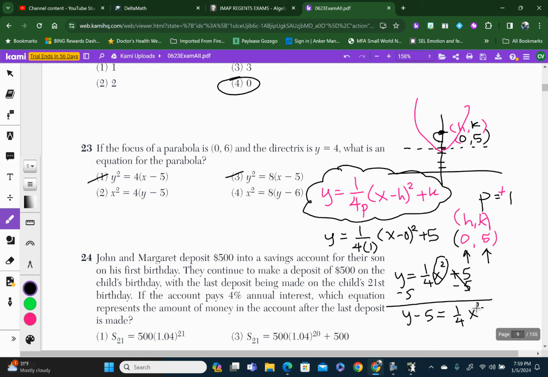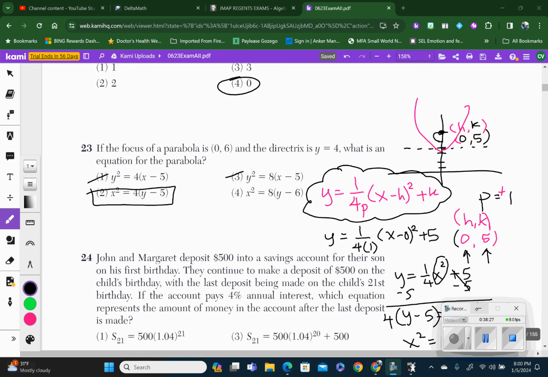And again, to get rid of the 1/4, I multiply by the flip, which is just 4. So this cancels, and I get x squared is equal to 4 parentheses y minus 5, which is exactly what 2 says. Okay. All right, we're almost done with the multiple choice.